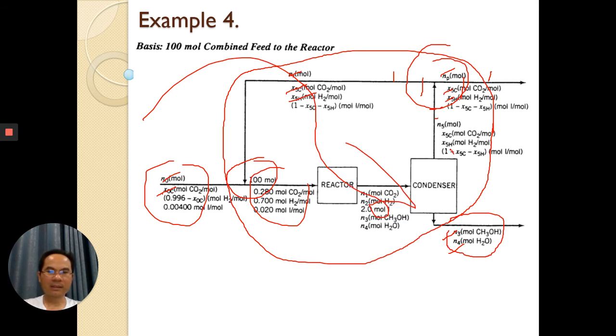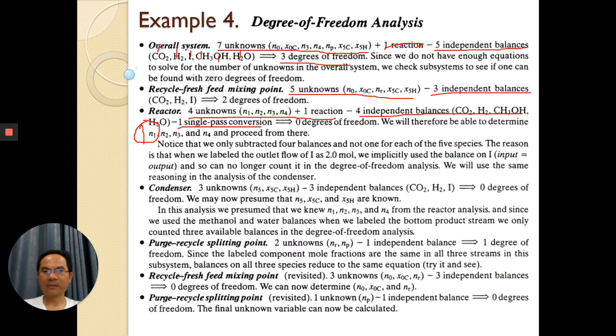For the condenser, you already know N1, N2, N3, N4. N3 and N4 are known because you know them from the reactor, and they are the same as the output. You have the remaining unknowns N5, X5C, X5H: three unknowns, and three balance equations: carbon dioxide, hydrogen, and inert.